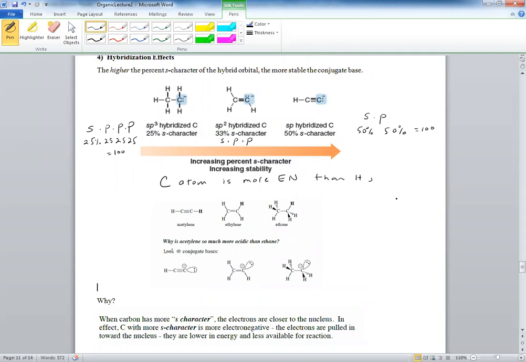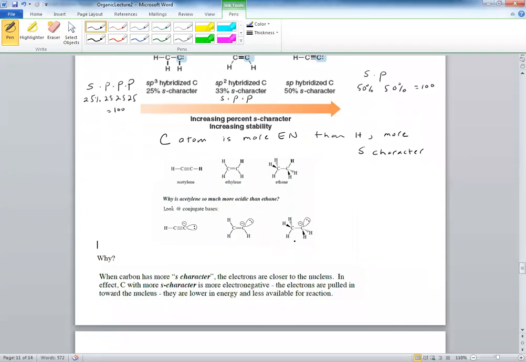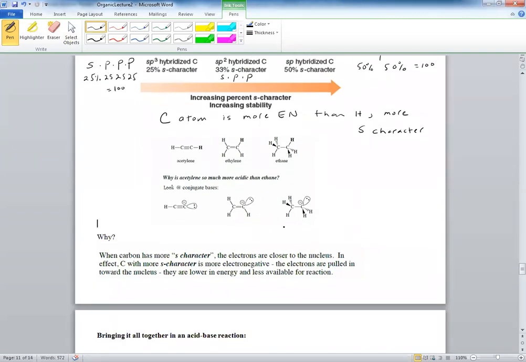So again, more S character is closer to the nucleus.